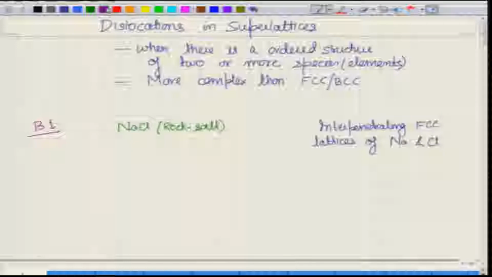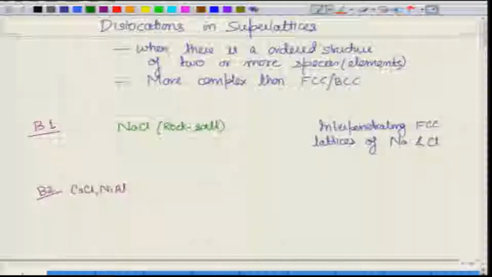Let us look at still another system, which we have not yet heard about, and this one is B2. Some of the simple examples for B2 are cesium chloride, NiAl, and how does it look like?